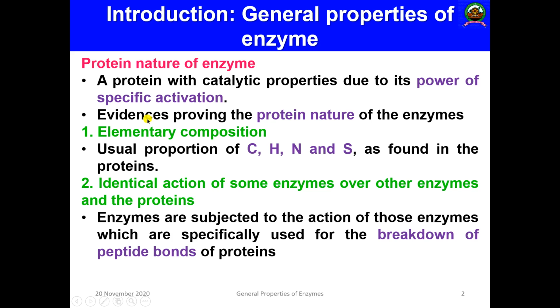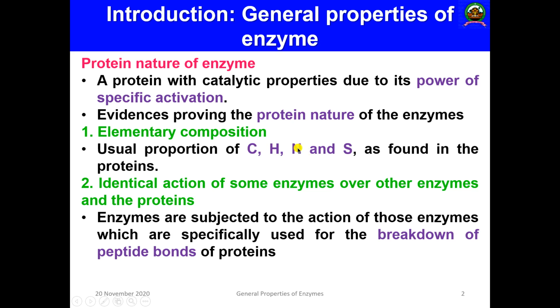Some of the most important concepts are, the first one, the elementary composition. The usual composition of proteins is carbon, hydrogen, nitrogen and sulfur. We have seen how sulfur is present in the tertiary structure of proteins.